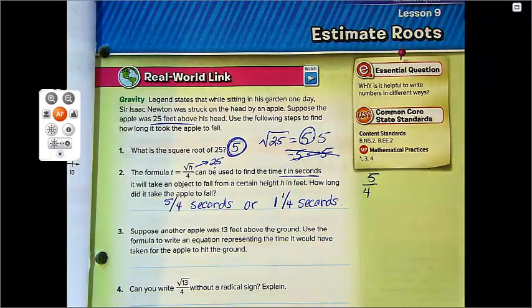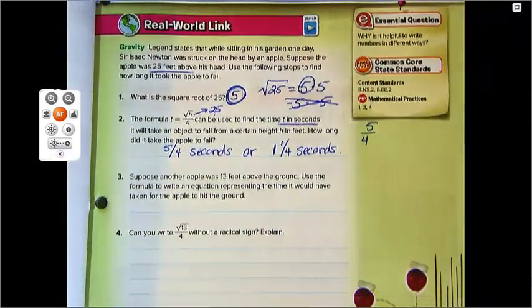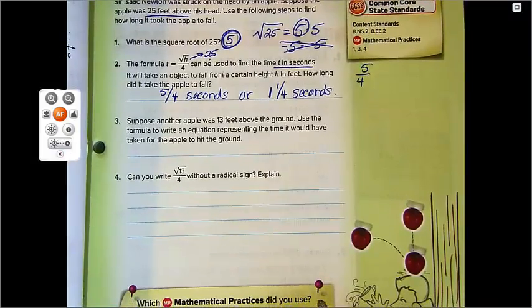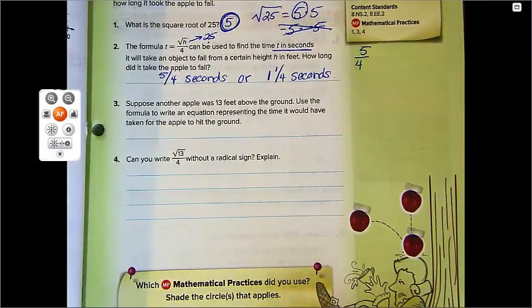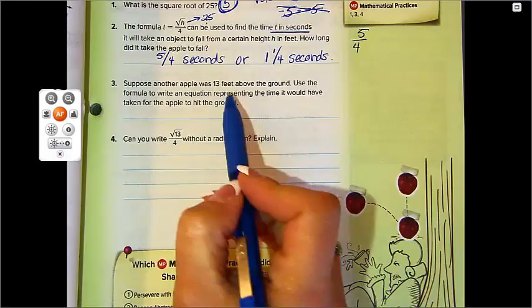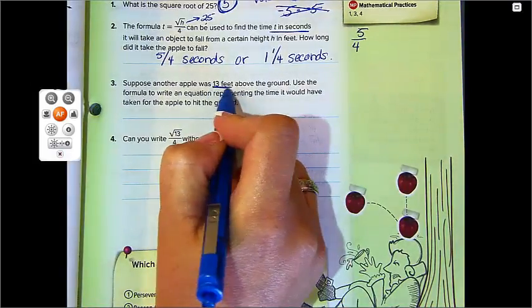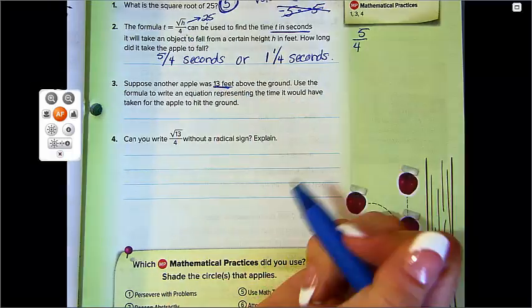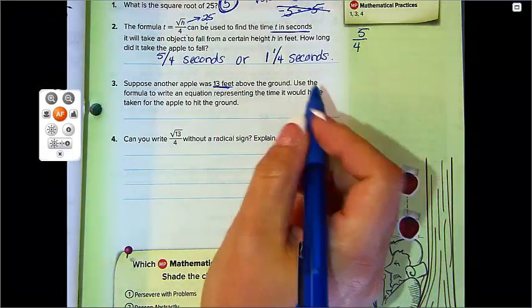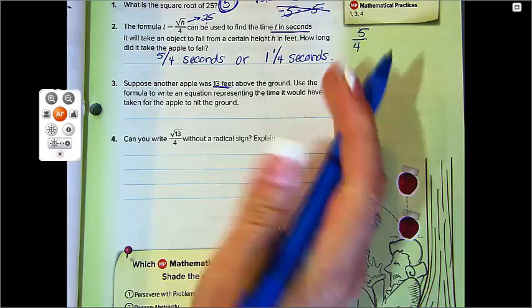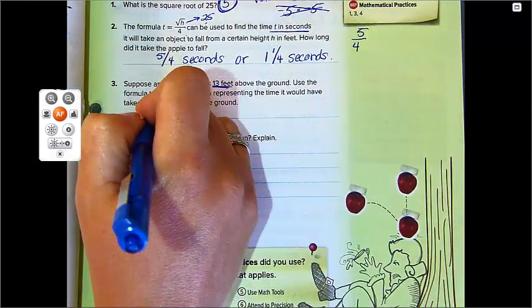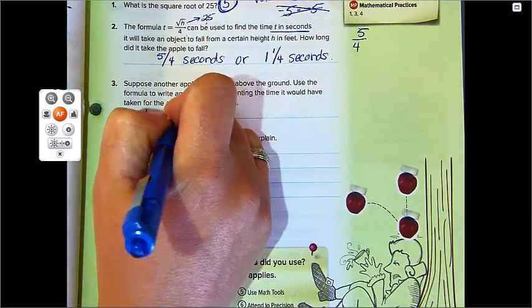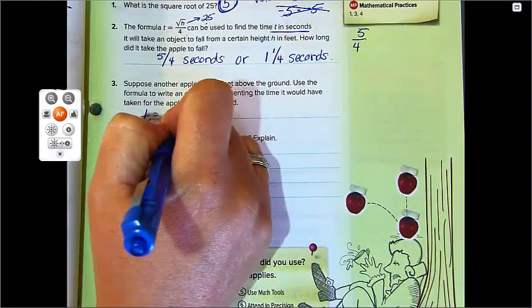Okay, now suppose you have another apple, and this apple was a little bit lower on the tree. This apple was only 13 feet above the ground. So now in this equation, I replace the h with 13. It says to use the formula to write an equation representing the time. Well, we know that the time in seconds is the radical of the height over 4.